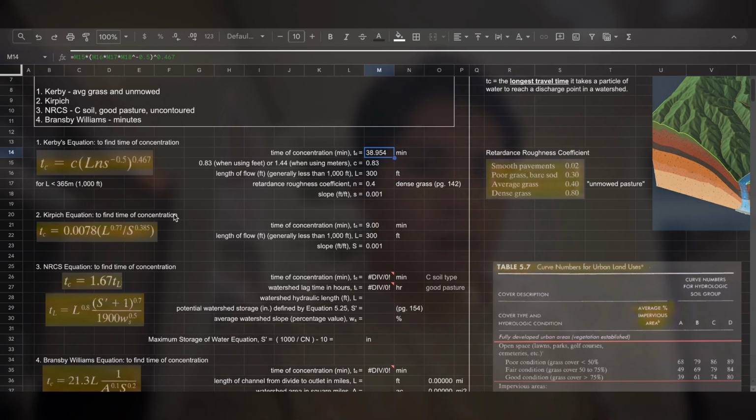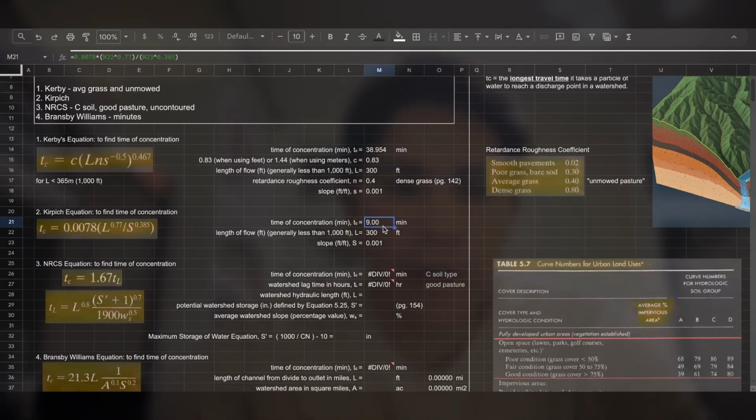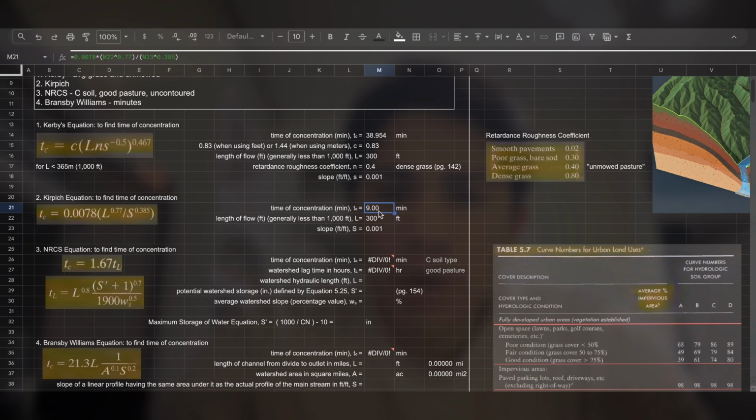So this equation was developed based on empirical analysis for a specific area. So that's why it's so different in our case from Kirby's. It says that the slope of the watersheds it was tested on was steep, which makes sense. If it's steeper, the water is going to run faster, right? That's why we get a pretty fast time of concentration.